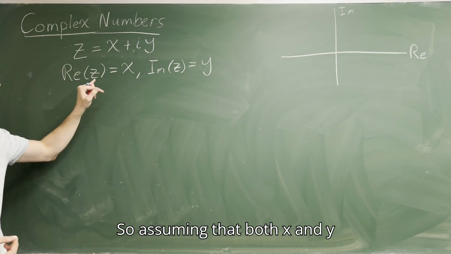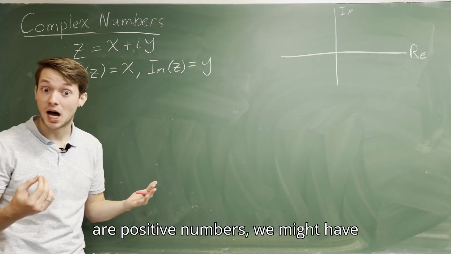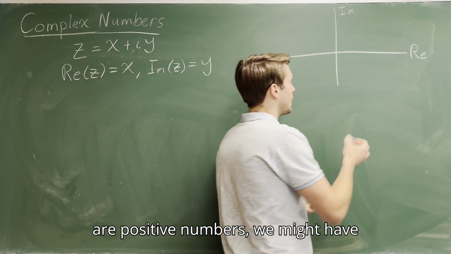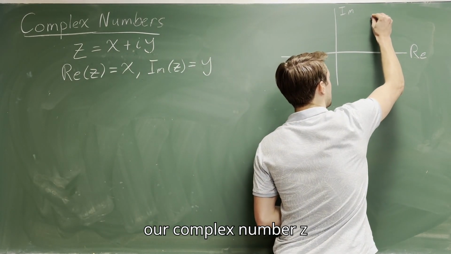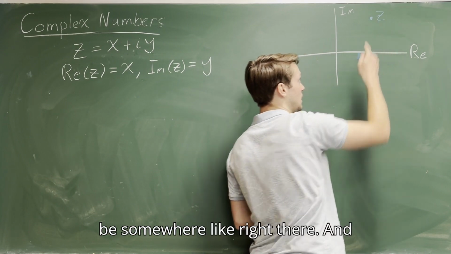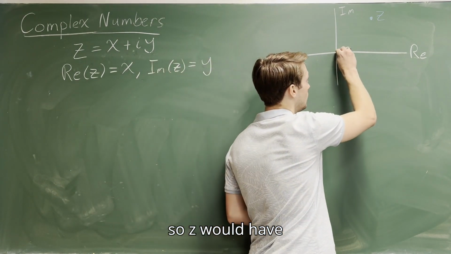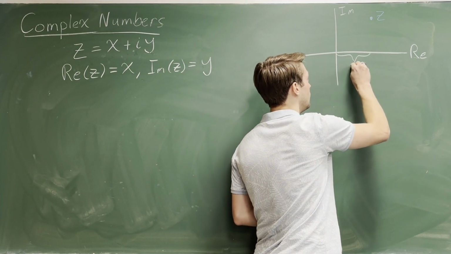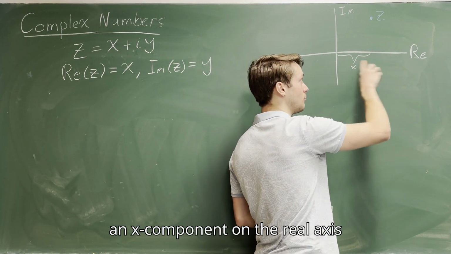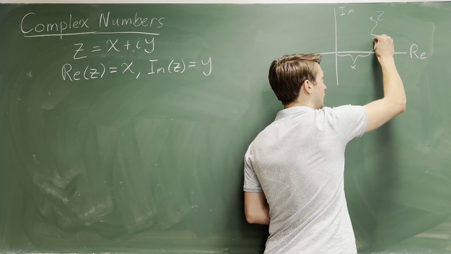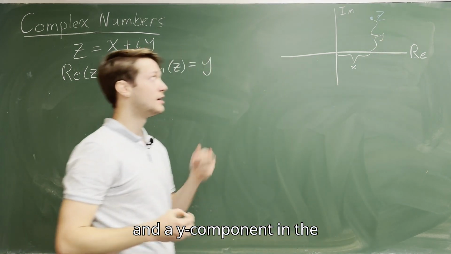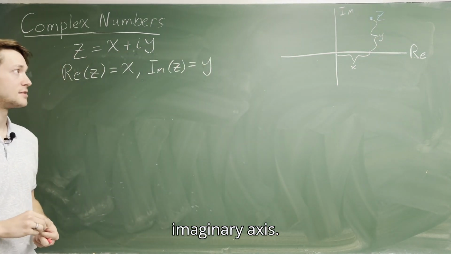So, assuming that both x and y are positive numbers, we might have our complex number z be somewhere right there. And so, z would have an x component on the real axis and a y component in the imaginary axis.